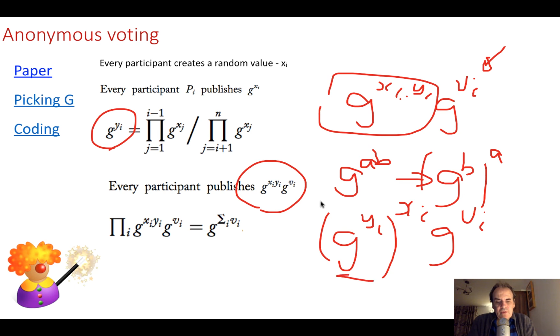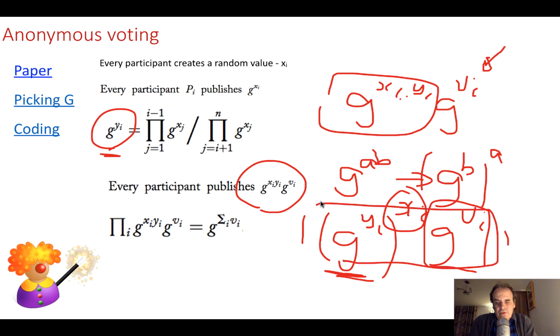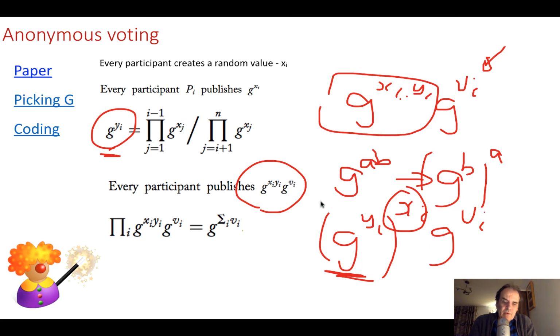We know our own xi, so we can calculate that too, and then we multiply that to our own vote, and this becomes our vote. Our vote is then published to Trent, and everyone will be able to see the vote but won't be able to determine what we've actually voted.